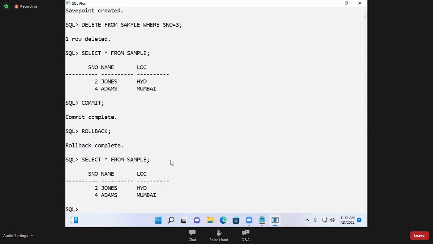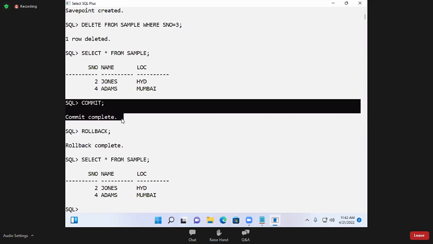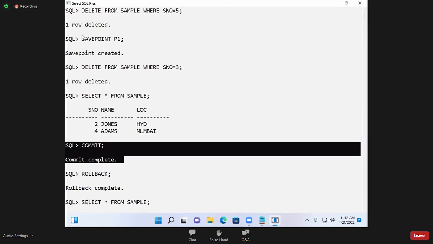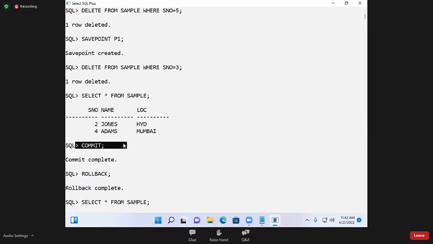Where is your 1? Where is your 3? Where is your 5? Is it there? No. Why? Because we already committed. Understand? So after the save point also, if I do commit, then it is committed only. There is no special case here. So this is rollback and commit.